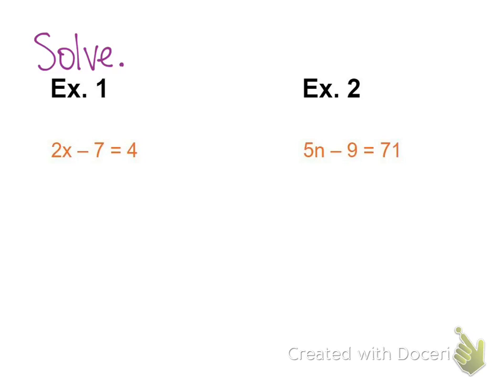So that means if it helps you to write your opposite order up there, you can do that. Put it in reverse. So we need to undo subtraction and addition first.